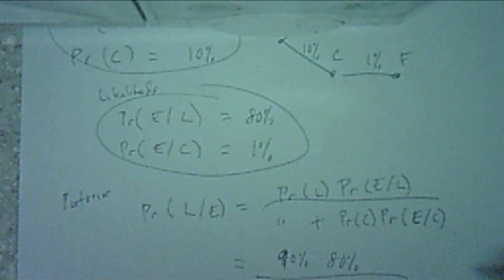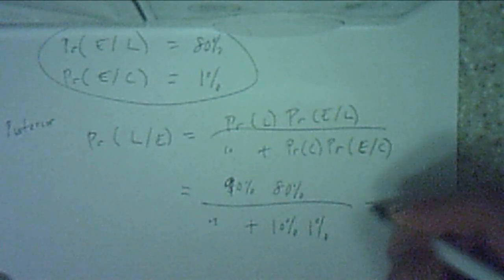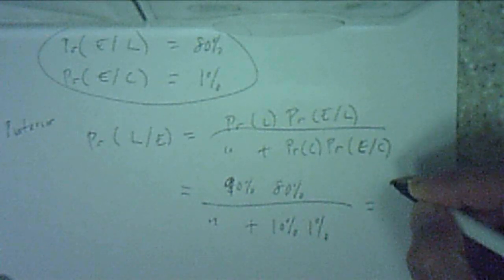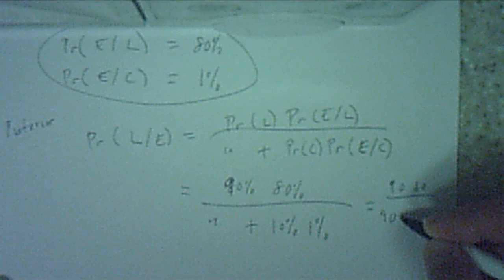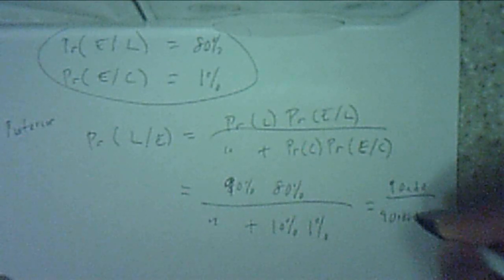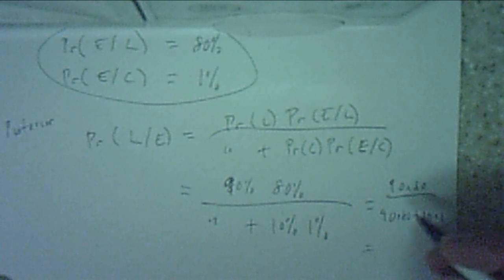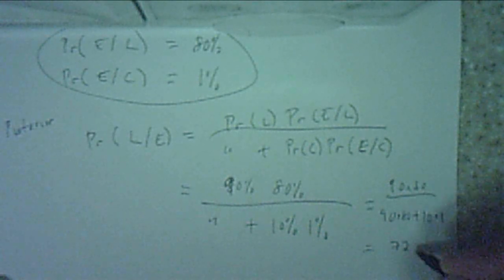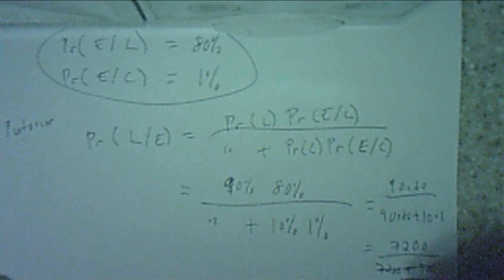You guys can do the calculation on your own, but if you need some guidance, here's an easy way to do it. You just drop the percentage. So it'll be 90 times 80, divided by 90 times 80, plus 10 times 1. And you do that calculation: 9 times 8 is 72, so 7,200. 7,200 plus 10 times 1 is 10, so 7,200 plus 10 is 7,300.